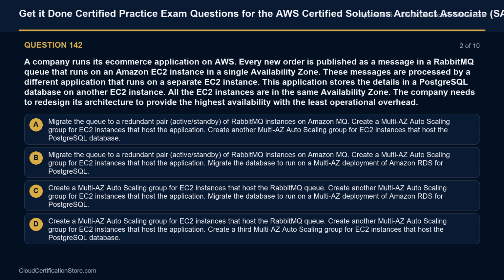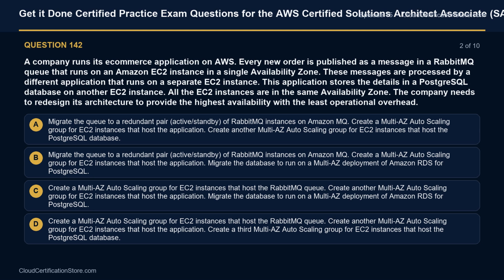Option A. Migrate the queue to a redundant pair, active/standby, of RabbitMQ instances on Amazon MQ. Create a multi-AZ Auto Scaling group for EC2 instances that host the application. Create another multi-AZ Auto Scaling group for EC2 instances that host the PostgreSQL database.